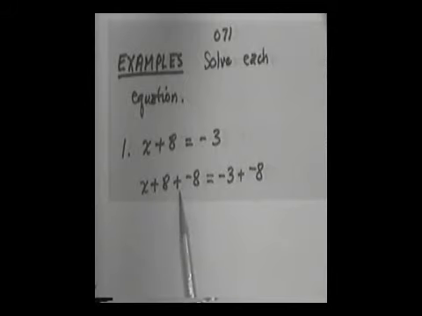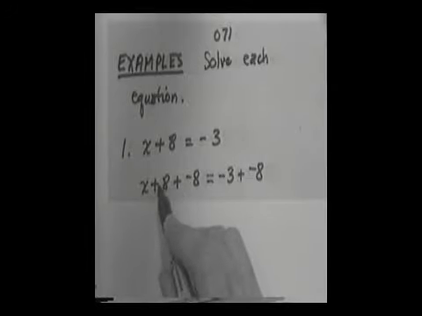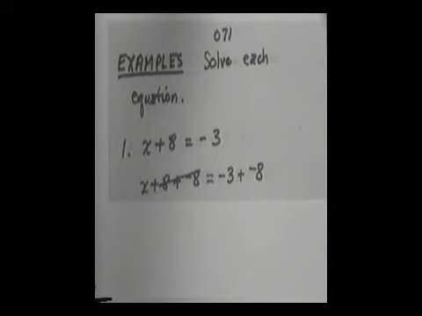X plus 8 plus negative 8 equals negative 3 plus negative 8. 8 plus negative 8 is 0. Adding 0 doesn't change anything, and so we can think of these as, in effect, having been canceled. That leaves us with x on the left, and negative 3 plus negative 8 is negative 11. The answer is negative 11. X equals negative 11.